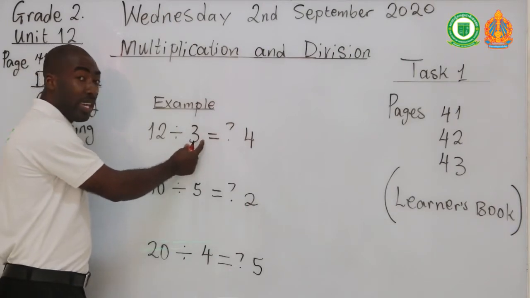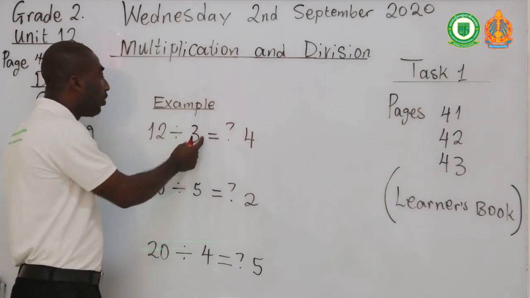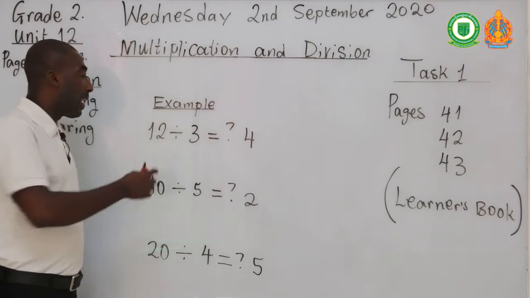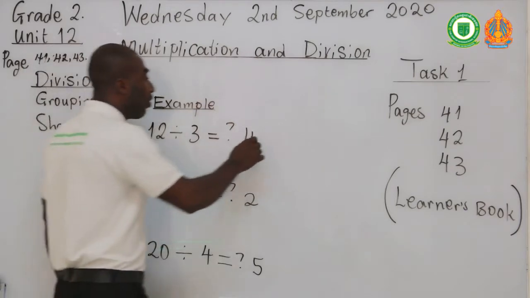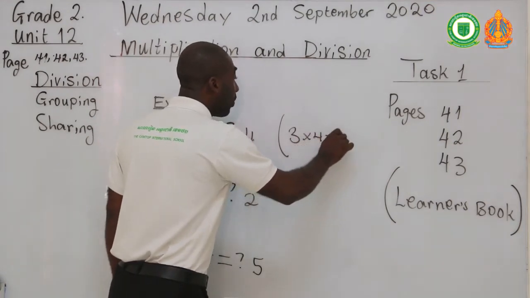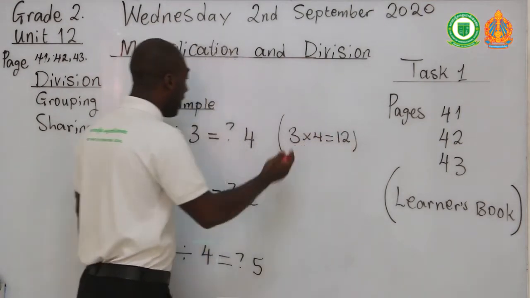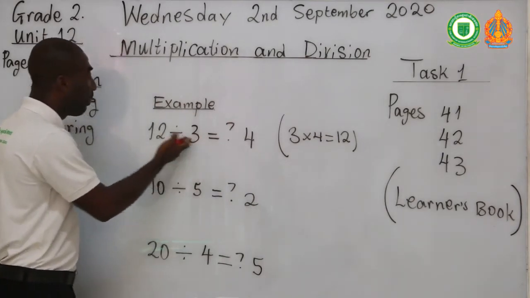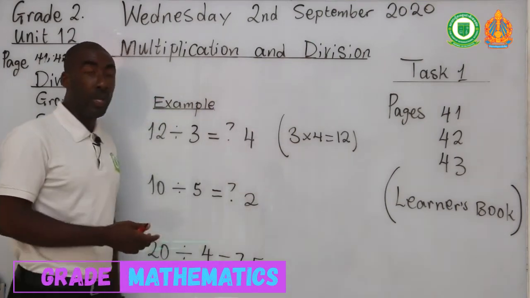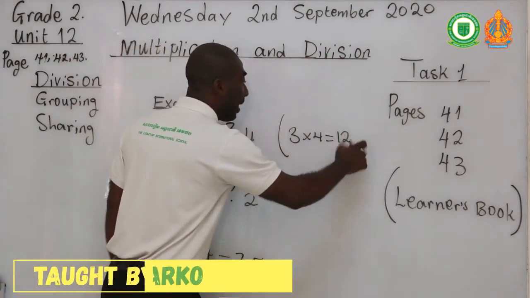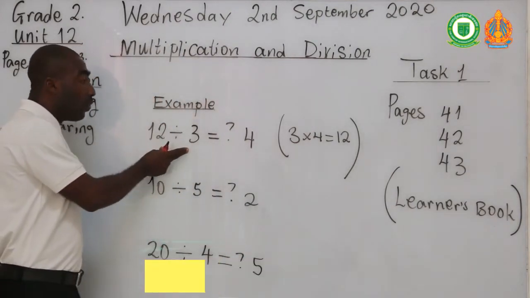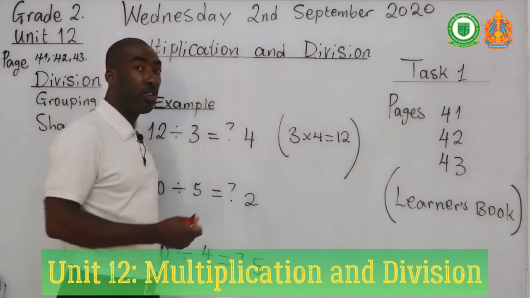For the smaller value, you ask how many of it do you need to multiply to get the bigger number. So we know that when you multiply 3 by 4, it gives you 12. That means when you divide 12 by 3, it gives you the answer 4. Okay, so you can use the inverse or the opposite of this equation to also find your answer.